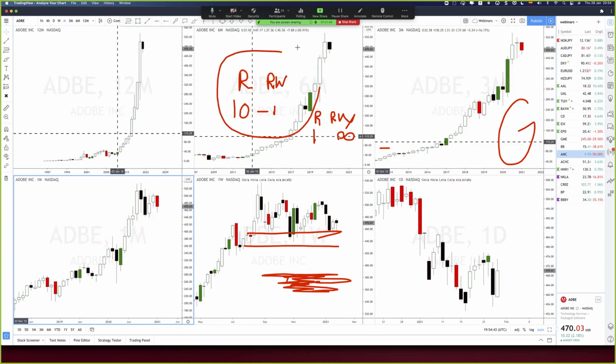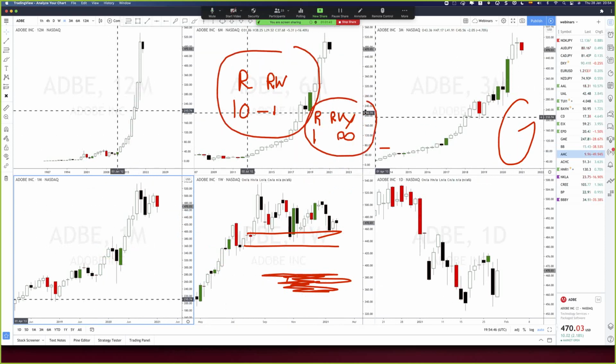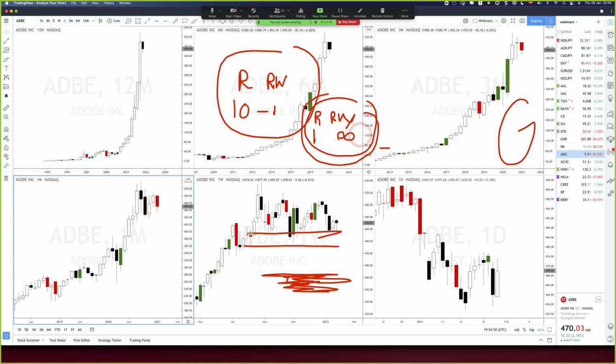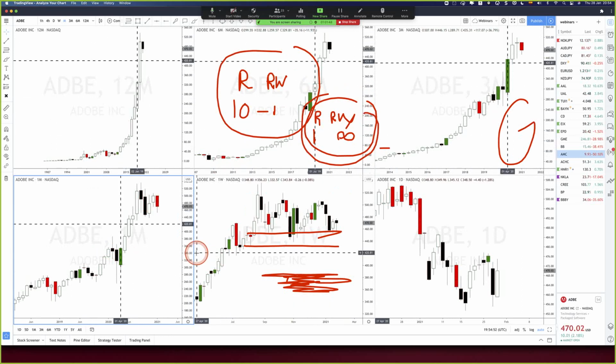So which one do you prefer? Anyone? I do prefer this one. Unlimited reward, quote unquote, unlimited. It's not unlimited, but your profit is not capped.